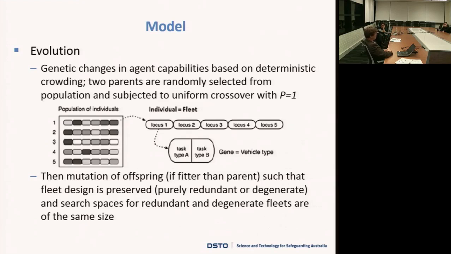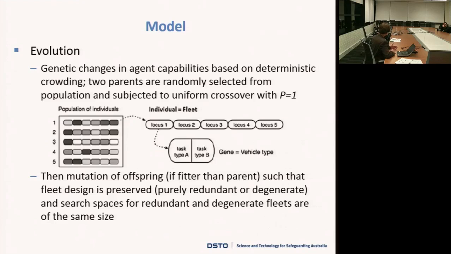What we then do is, if the offspring that's generated is better than the genetically closest parent, so there's two parents, and this deterministic crowding does shuffle your genes around quite a lot, but there will be one of the parents that is genetically closer to the offspring under this procedure. We compare the offspring to that parent. If the offspring is fitter, we keep it. If it's not, we keep the parent.